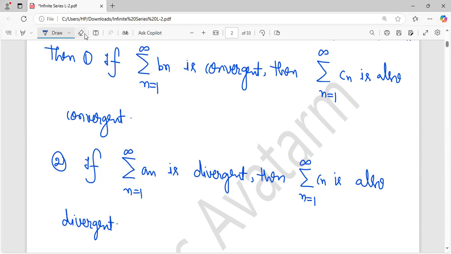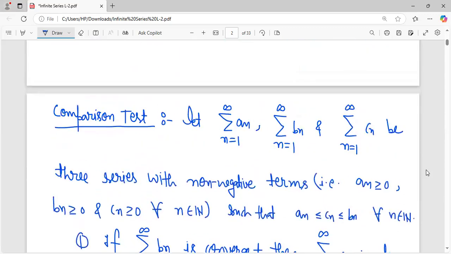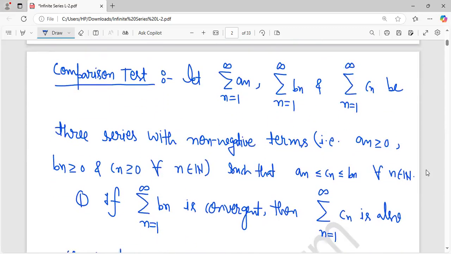So no need to write them here. Okay. So this is one part and this is another part. So let's see its proof, how it will work. Okay.